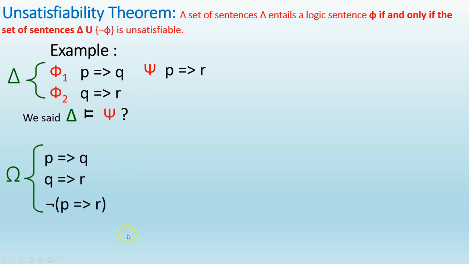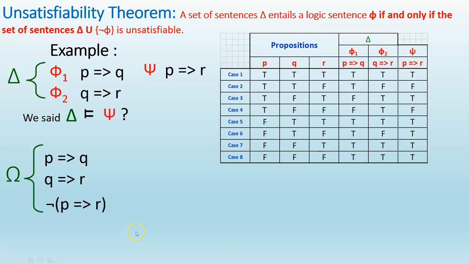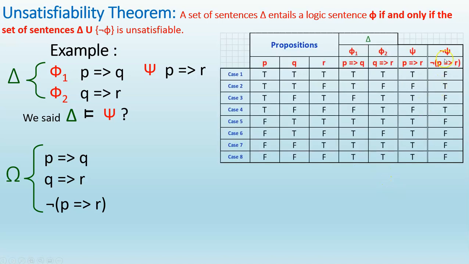Let's put in the sentences. Now let's look at the truth table. I'm going to build the truth table slowly, but we've already built this truth table before. So here's the truth table for P implies Q, Q implies R, followed by P implies R. Now I'm going to change it slightly by having the negation of psi.